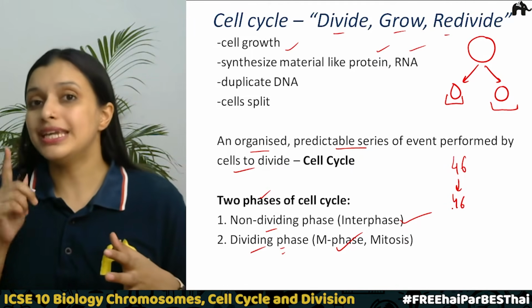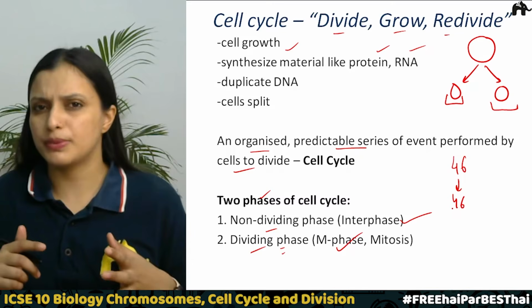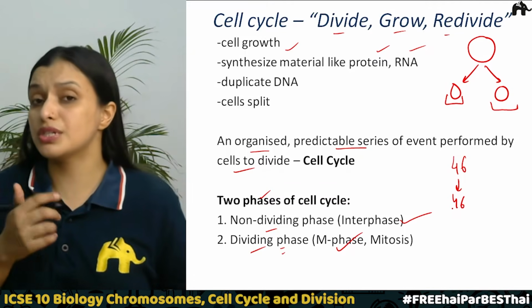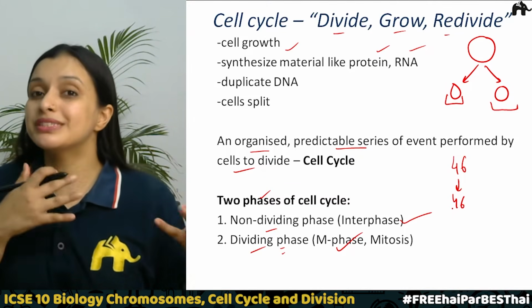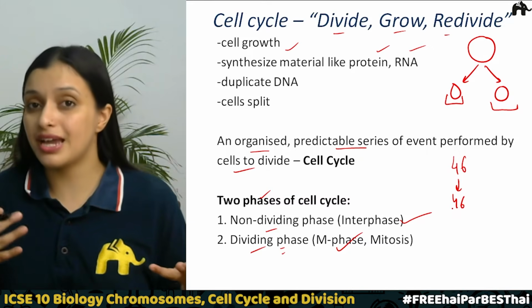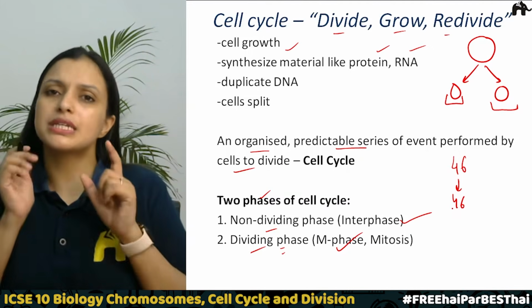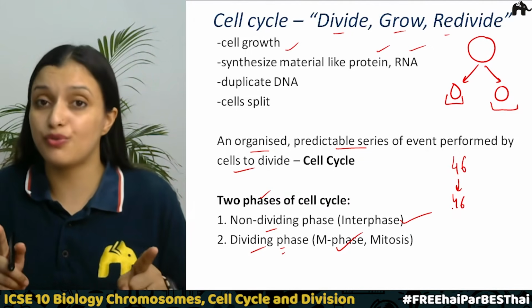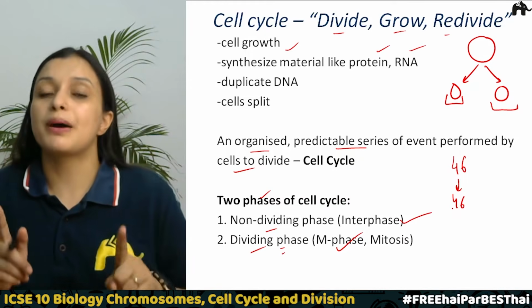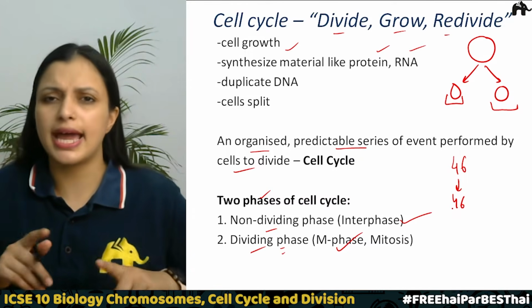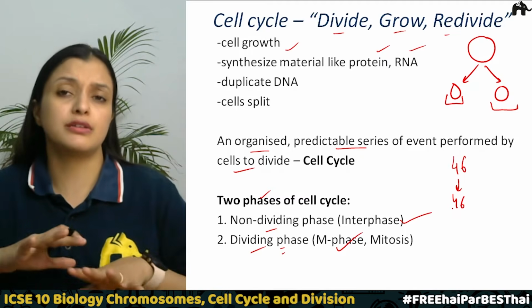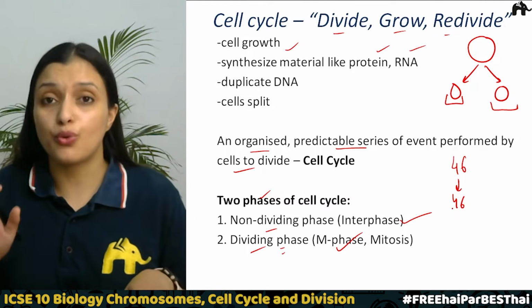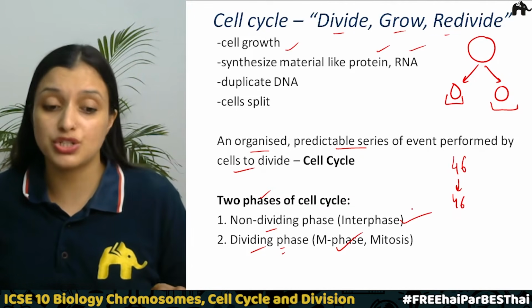But only in case of gamete formation, which we just studied, how they are formed and where they are formed, the chromosome number reduces to 23.